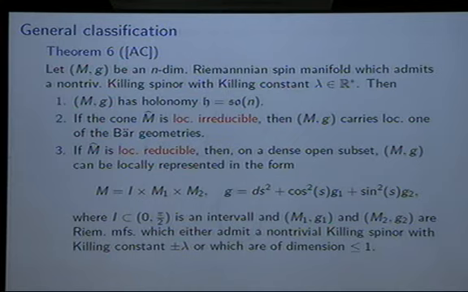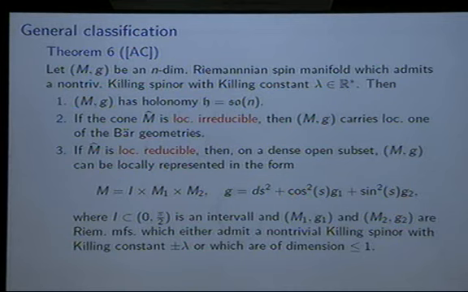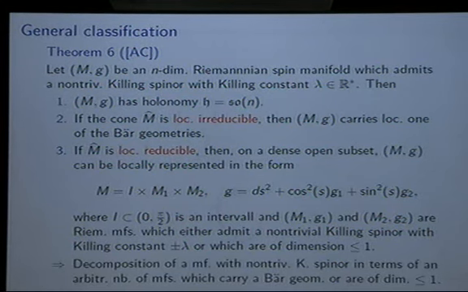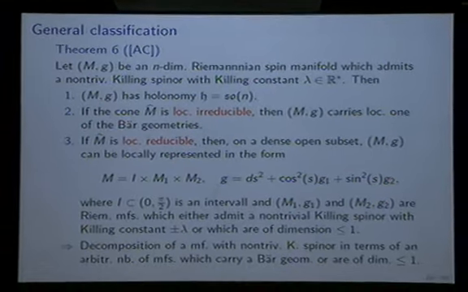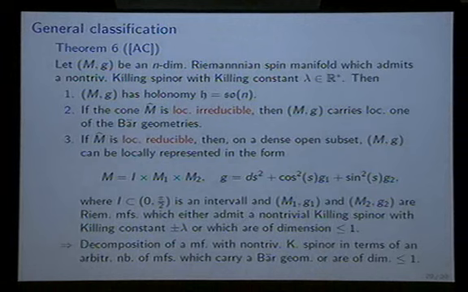This means that using this theorem we can decompose any manifold admitting a Killing spinor inductively in terms of such manifolds which admit a Bär geometry or which are of dimension less than or equal to 1. So by iterating this construction, we can take a double warped product. This gives already a manifold with Killing spinor, then we make another double warped product and so on.